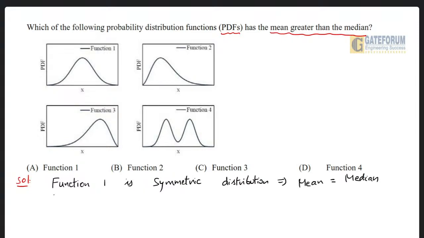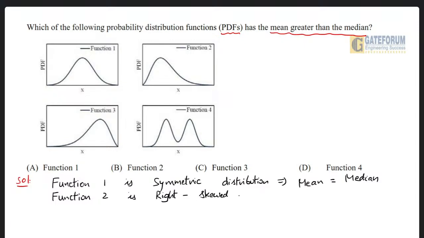Okay. Function 2 is right skewed. Skewness means lack of symmetry. Okay.